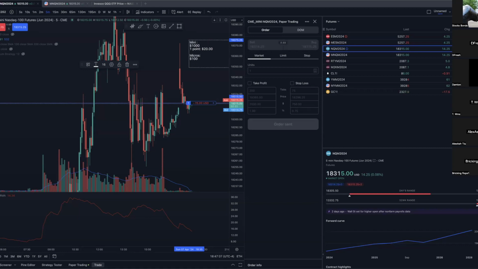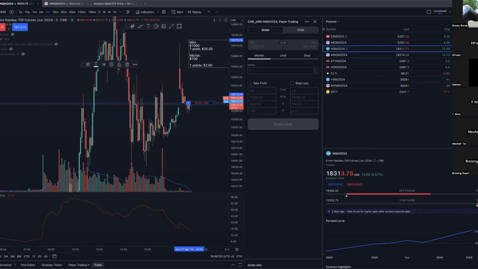The other difference is that for each point move, instead of making $20, you'll be making $2. Let's say I went long right here on 18,315 and NQ goes up 10 points from my entry. With the mini, I'll be making $200. With micros, I'll be making $20.